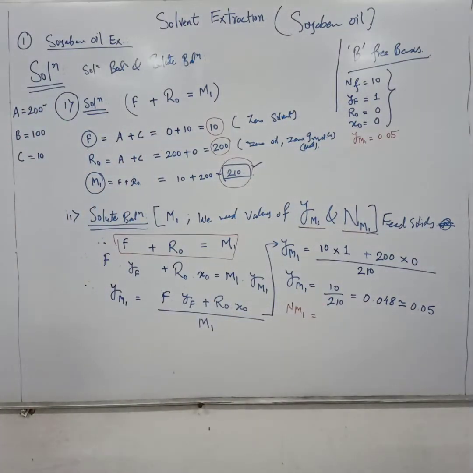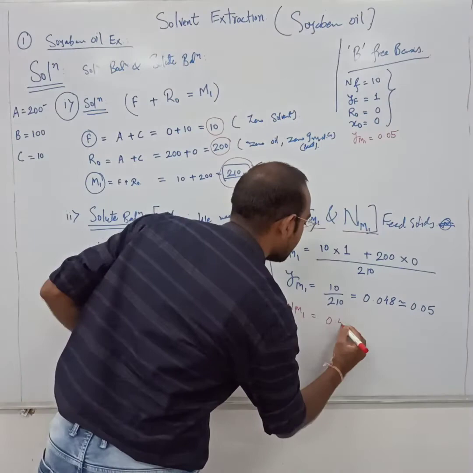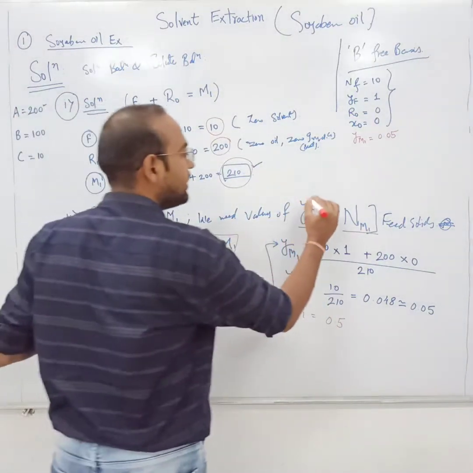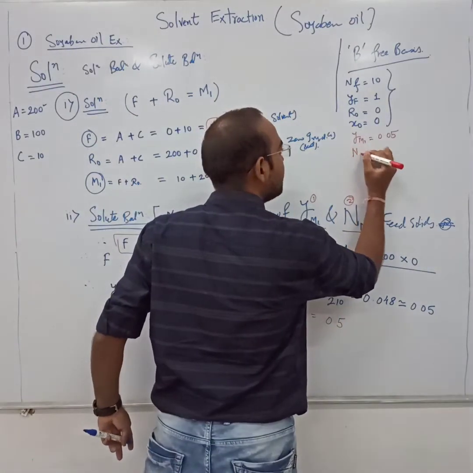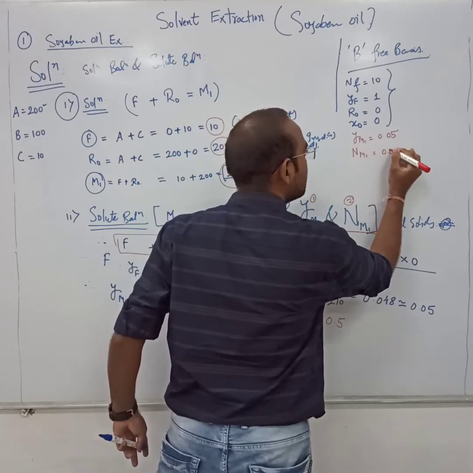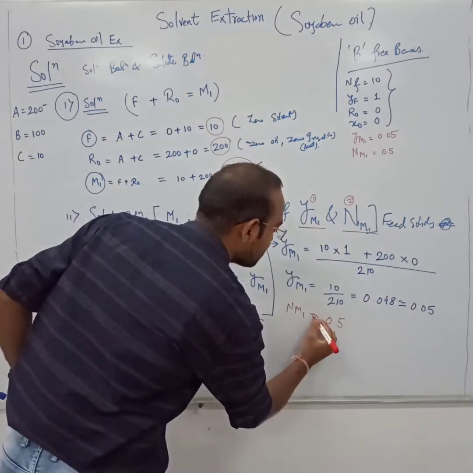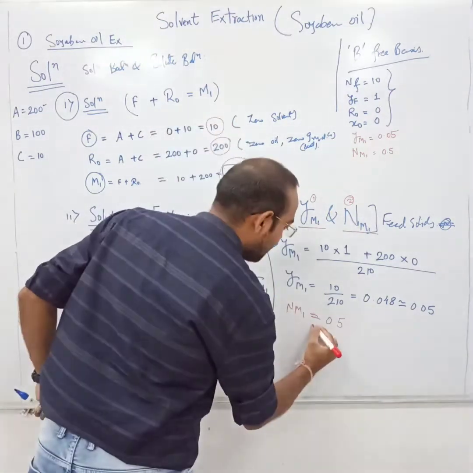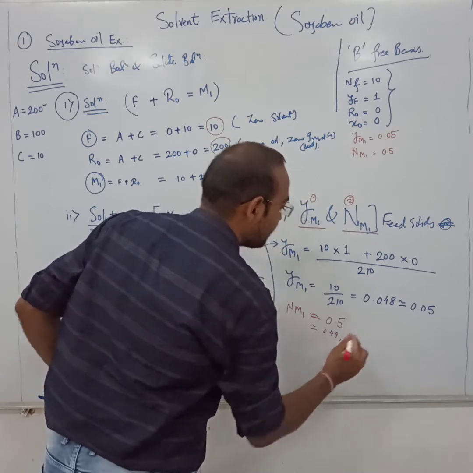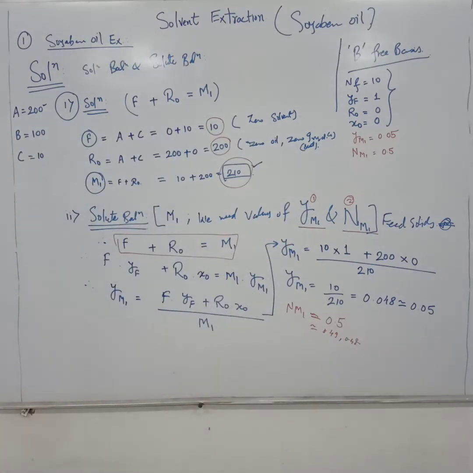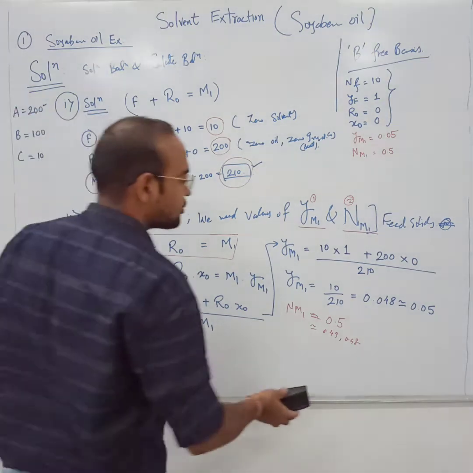We get the value of NM1 as 0.5. So again, from the solute balance you get the first value YM1, and the second value NM1, that is NM1 equals 0.5. Approximately, it is an approximate value again, but we consider it 0.5. It may be around 0.49 or 0.48, somewhat like that. Okay. So here we complete the third part of our solution. Let's move on to the last part.